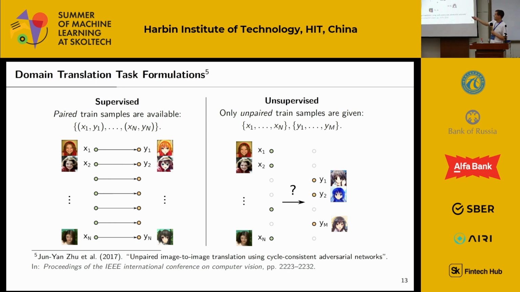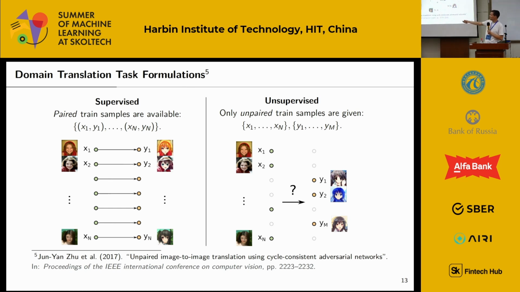When during training of your model, you have available pairs of data from the input domain and from the target domain. Yes, so in this case, this is a kind of standard supervised learning problem because your model knows both inputs and outputs, so it knows how the output should look for a particular given input.